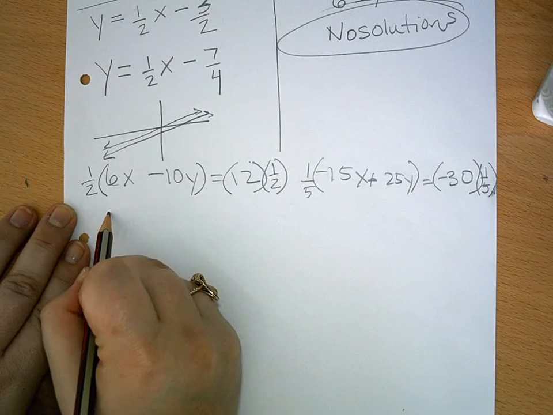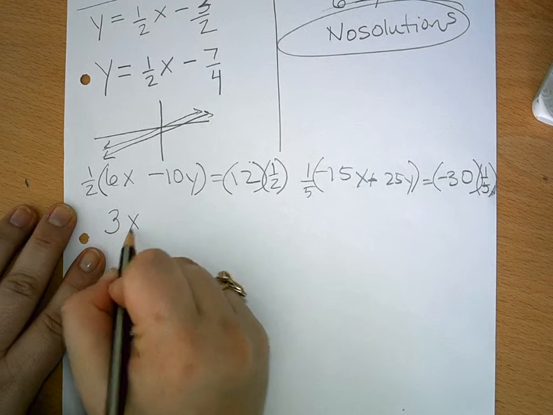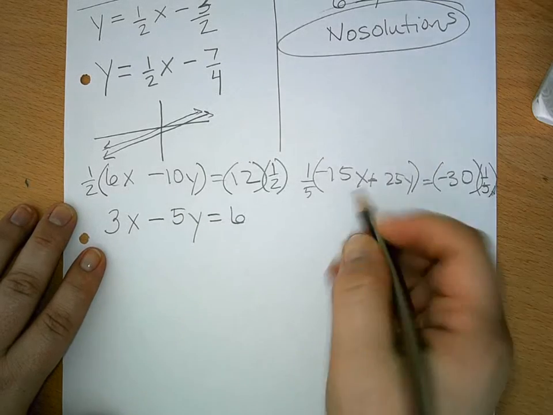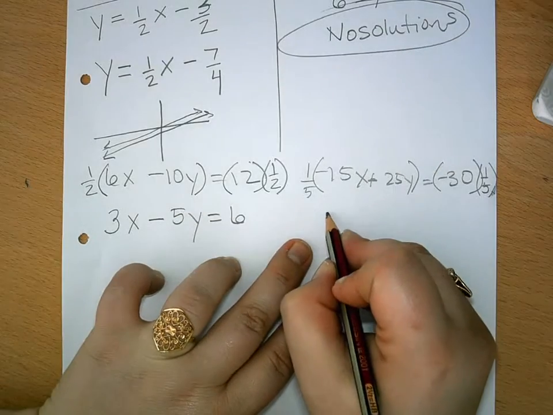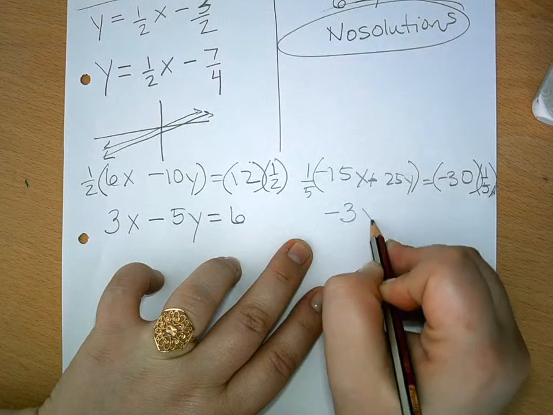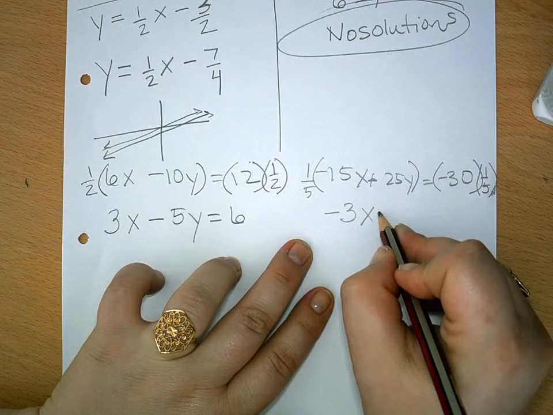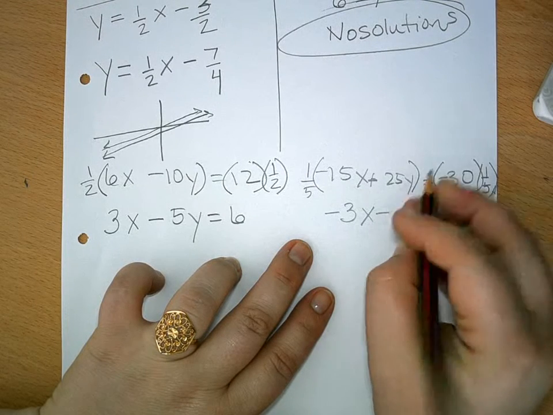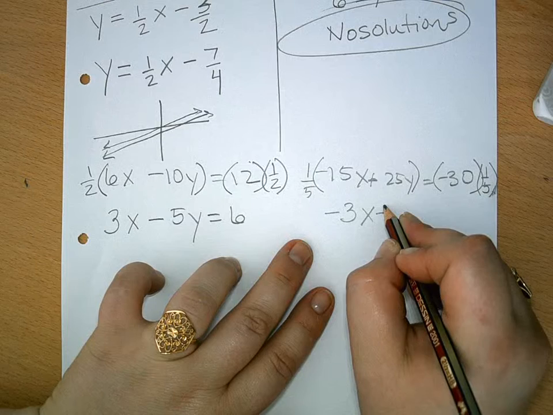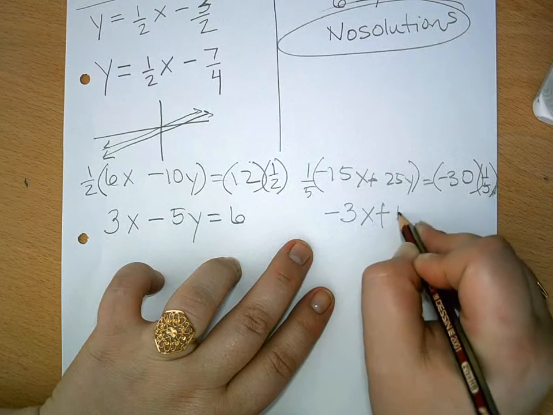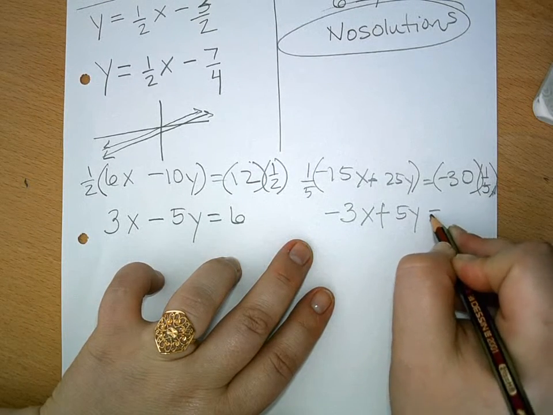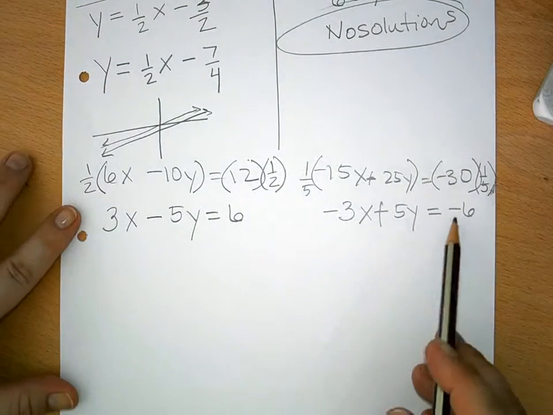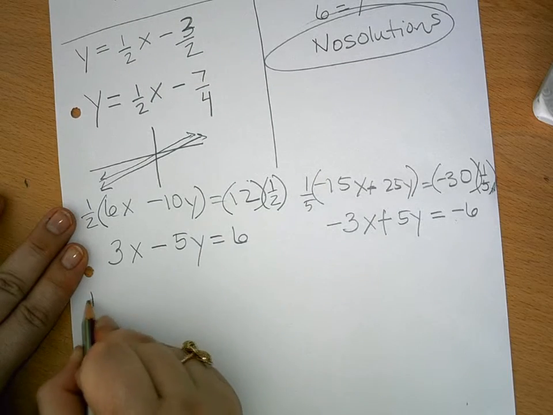So here I would get 3x minus 5y equals 6. Here I would get negative 3x plus 5y equals negative 6. Now, let's go ahead and add these together.